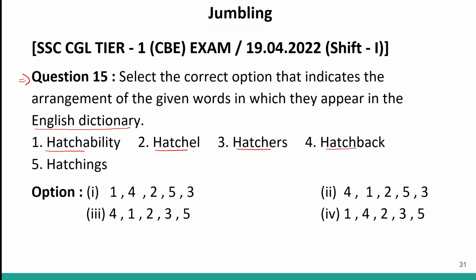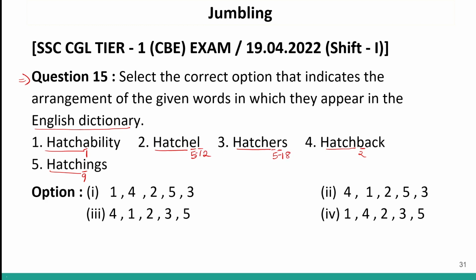So we will look at the letter after H. After H, over here we have A, which is 1. After H we have E, which is 5. After H we have E, which is 5. After H we have B, which is 2. And after H over here we have I, which is 9. So between hatchel and hatchers, after E we have L, which is 12. And over here we have R, which is 18.